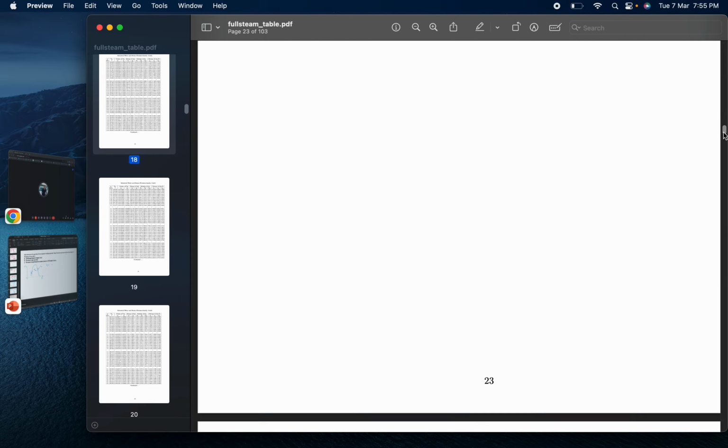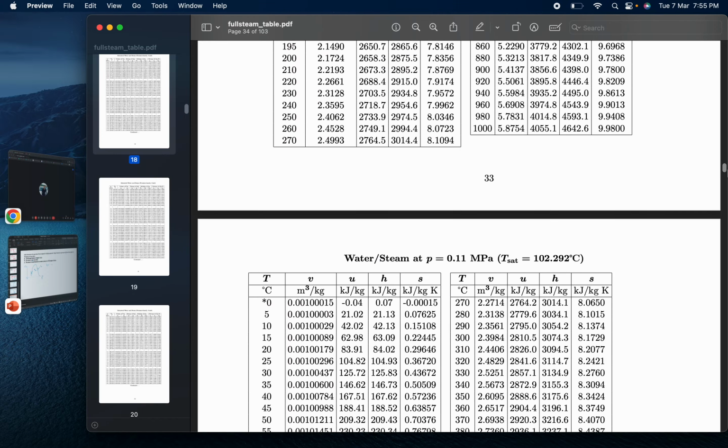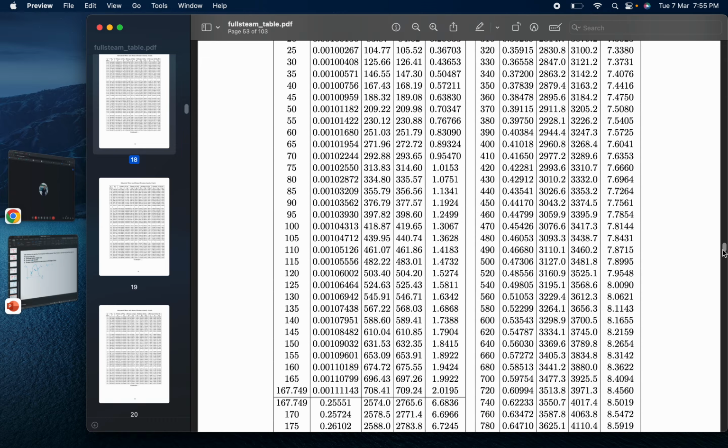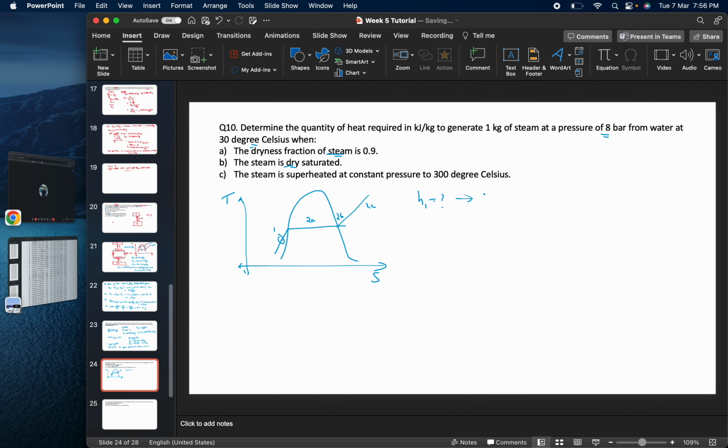8 bar means 0.8 megapascal. At 8 bar and 30 degrees Celsius, H1 is 126.46 kilojoule per kg. Next, at 8 bar we know HF and Hg.